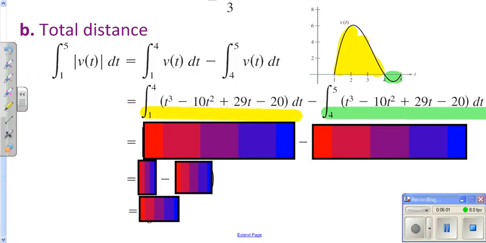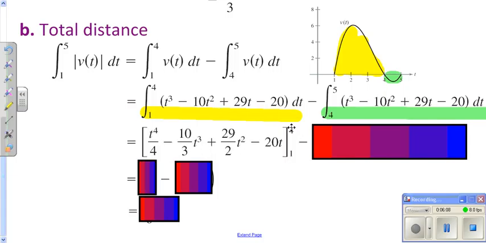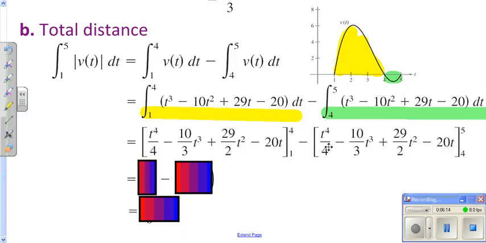You just do your integration of each part just like what we were doing before. The first one you'll have to integrate and evaluate it from 4 to 1. Second one you'll have to integrate it, going to be the same thing, but you'll have to evaluate it from 4 to 5. Now, the first one you know should give you a positive area, which it does.